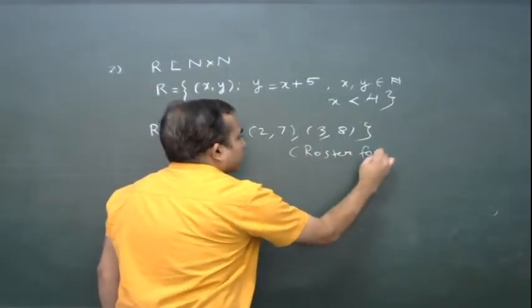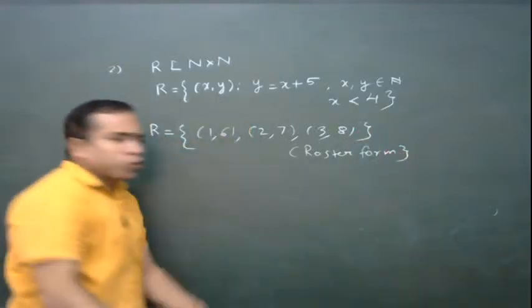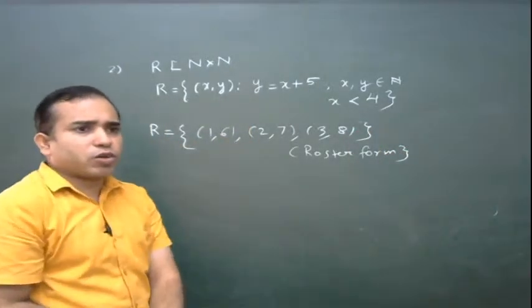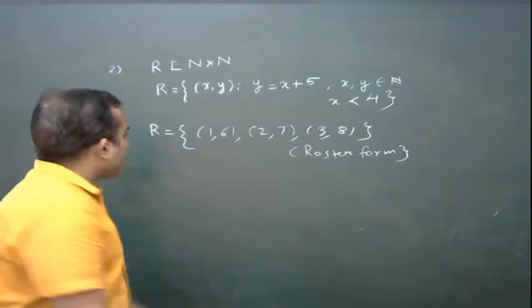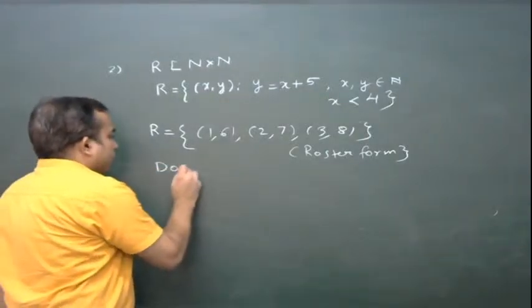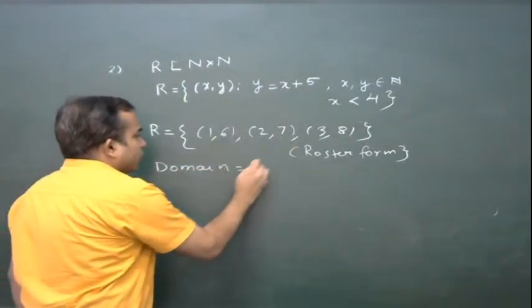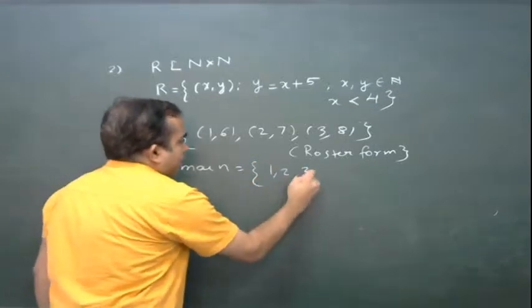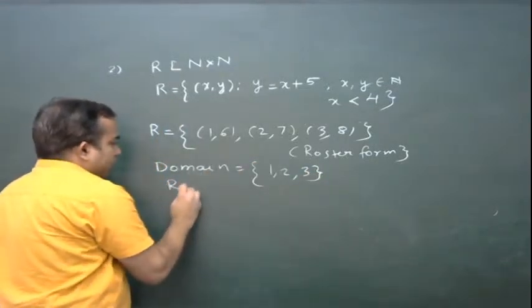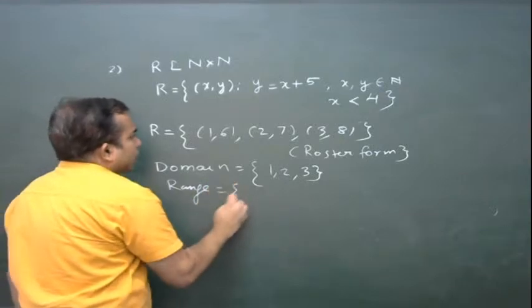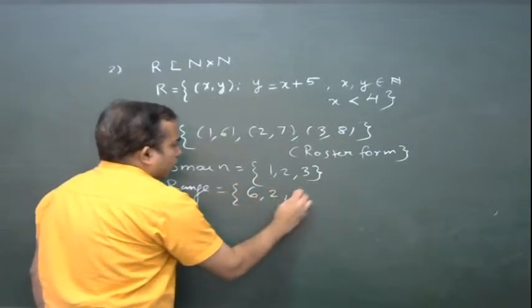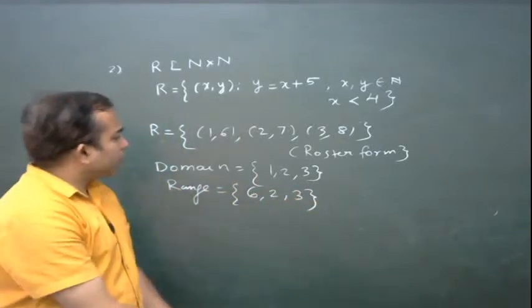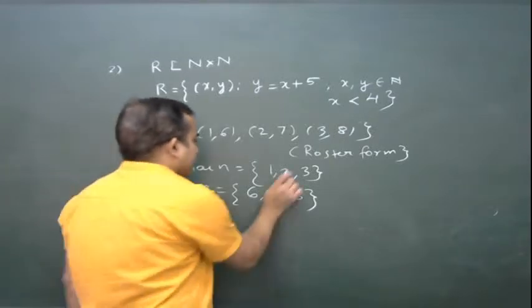Please also keep writing in your notebooks and match your work with ours. I have to write its domain. Let us pick the first elements. Nice, and range. Range is the second elements, 6, 7, 8.